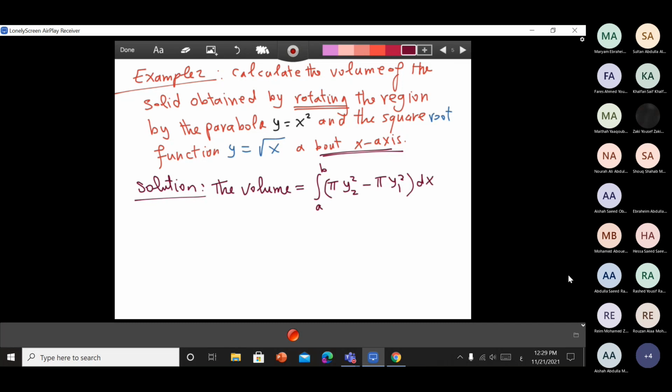This is a formula. So I need what is A and what is B. A and B are the intersection points of the two curves, right? If they are not given, I have to find them as the intersection points of the two curves.